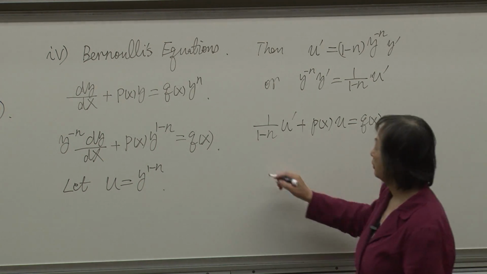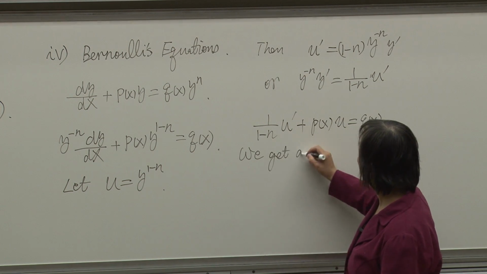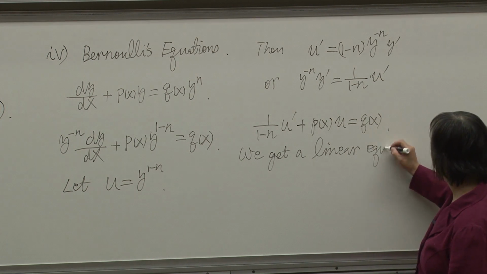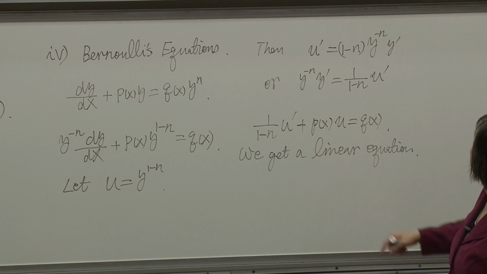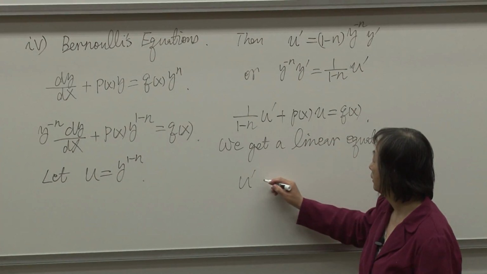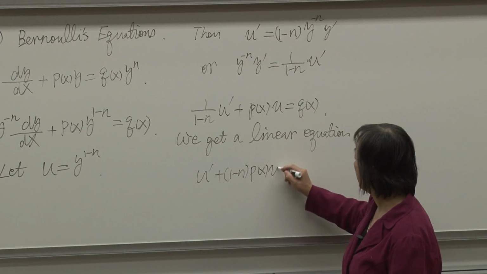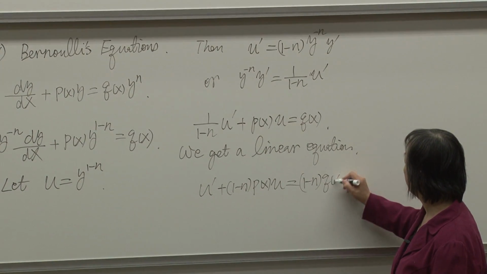So we get a linear equation. The standard form of this linear equation is u prime plus 1 minus n times p of x times u equal to 1 minus n times q of x.